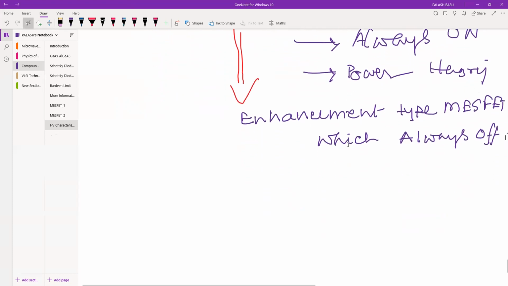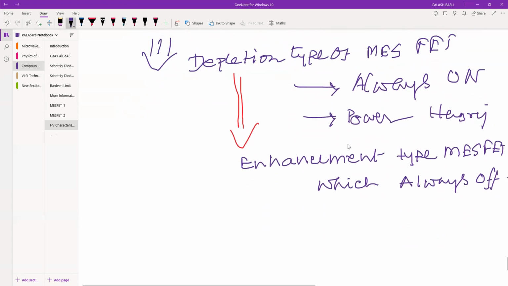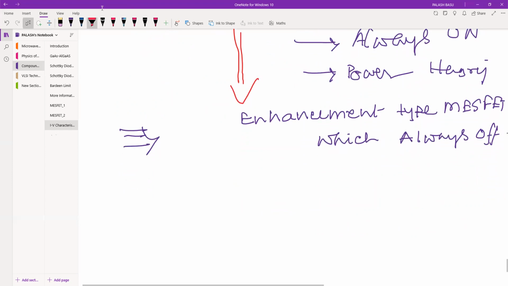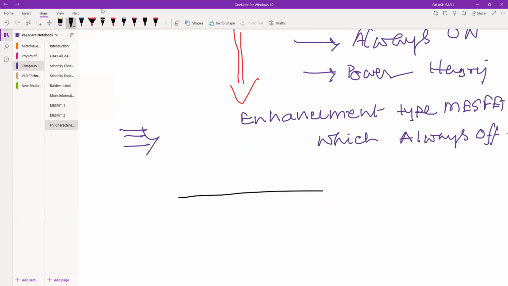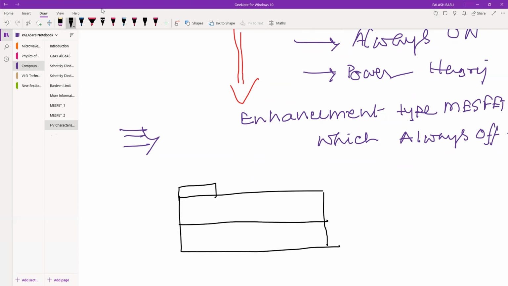This is very important because some people don't want a power hungry device. Some people want enhancement type, which is a low power device. So the question is how to make a depletion type device into an enhancement type device, which is always off. I'm giving you hints; if you follow the hints, I think you can understand how to make it simple.